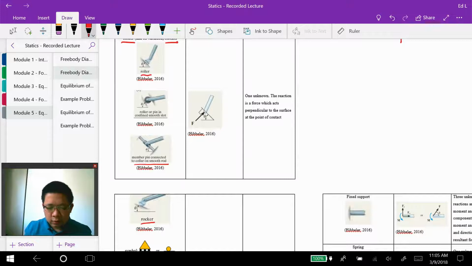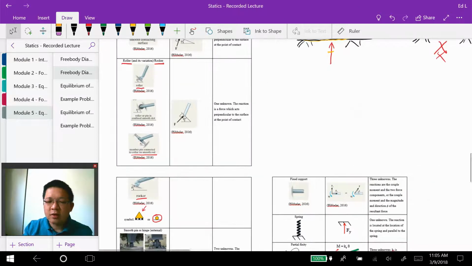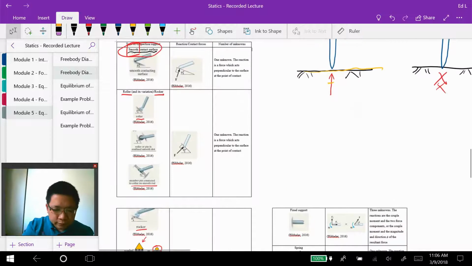In problems usually I will use a triangle with 3 circles at the bottom of the triangle, or just one circle, to represent this type of support. For this type of support the reaction force is only one.